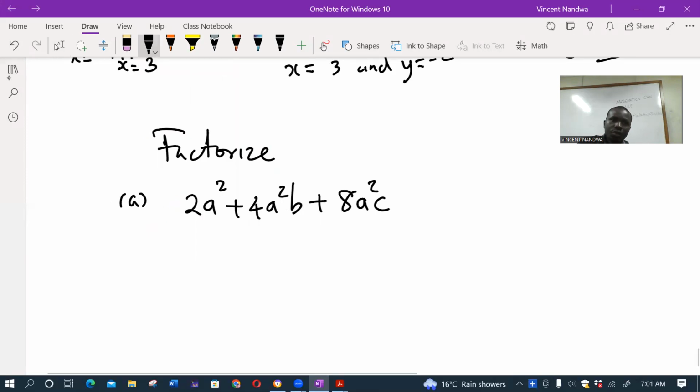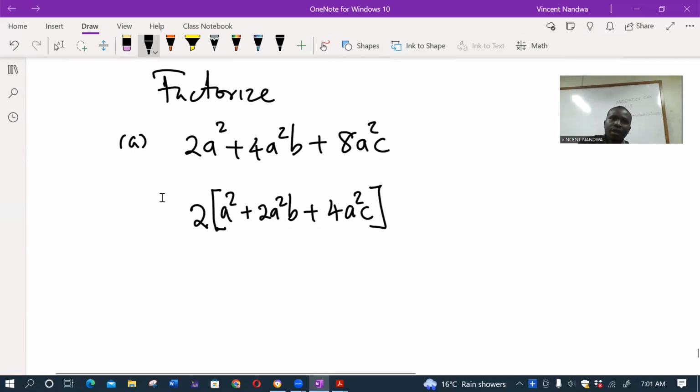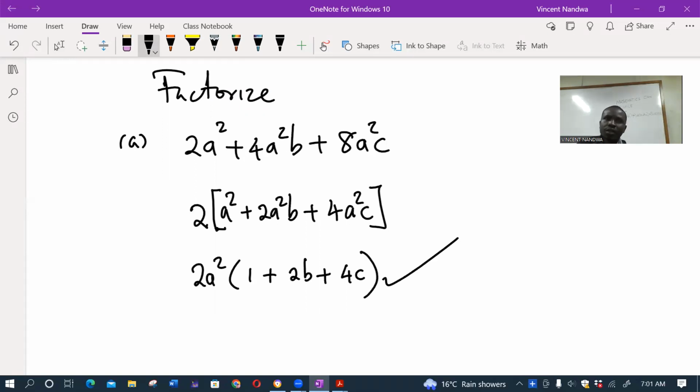So I'll have 2 into a squared plus 2a squared b plus 4a squared c. But still within this bracket, a squared is common to all the terms. So we factor it out. So we'll have 2a squared into 1 plus 2b plus 4c. So this was the factorization of that first expression.